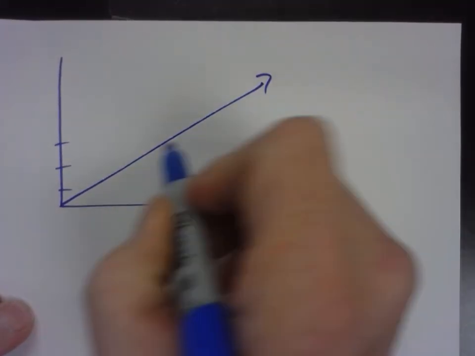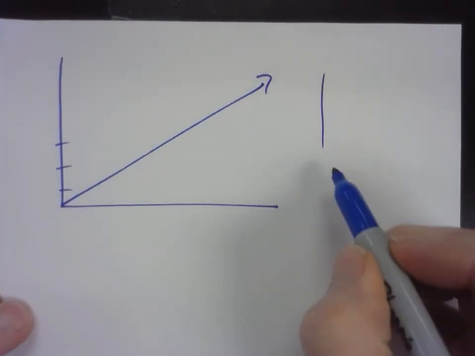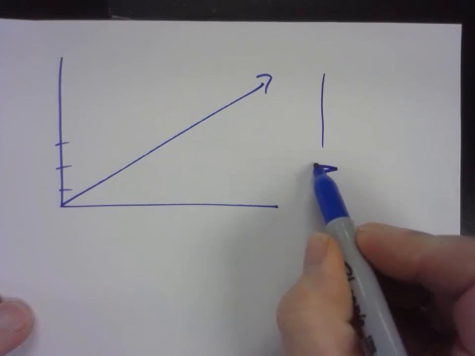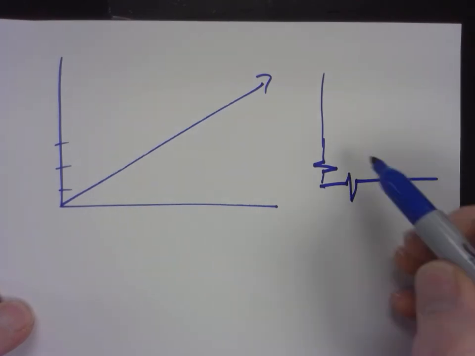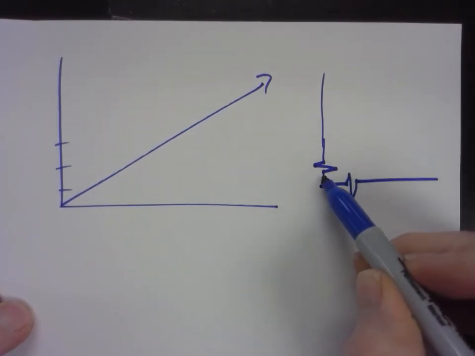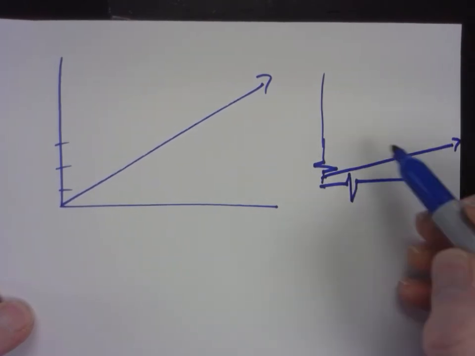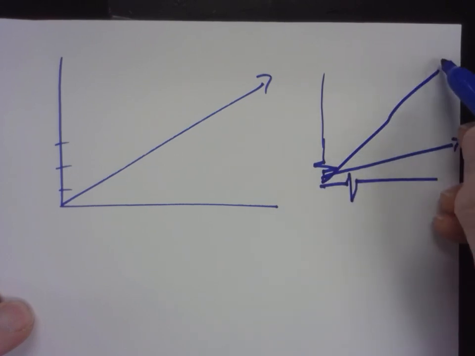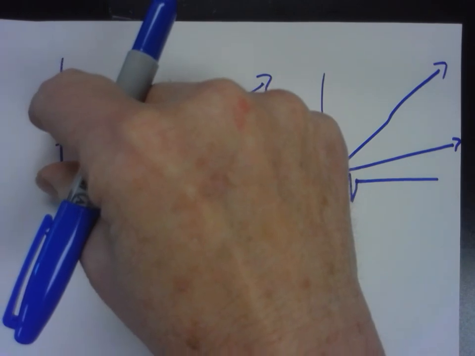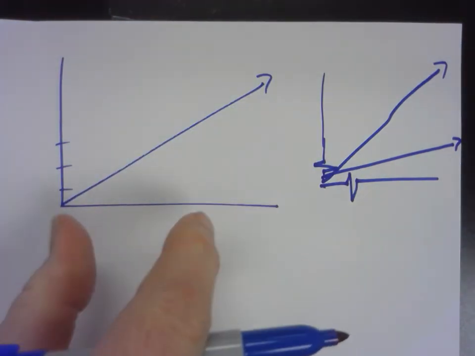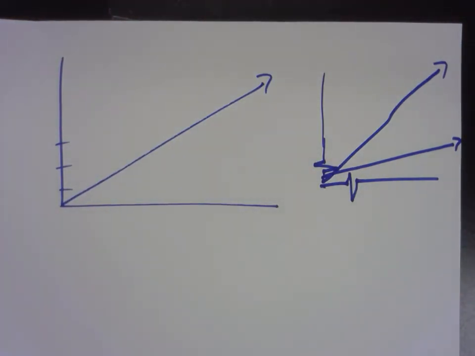The same exact information can be put on a graph where we can skip a bit of it, and we can make the graph look like this, or maybe like this, okay? By cramming these together, one way or the other, we can make the graph look steeper, or we can make it look less steep, okay?